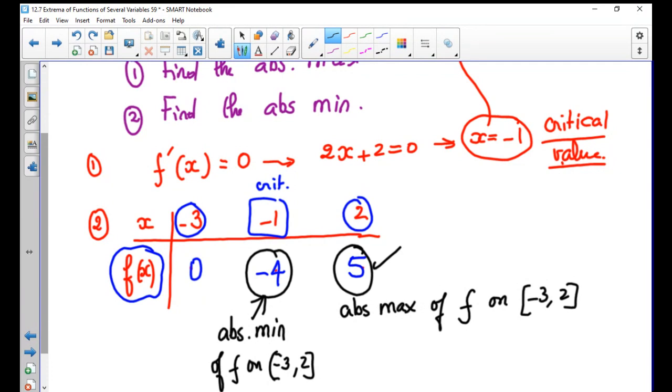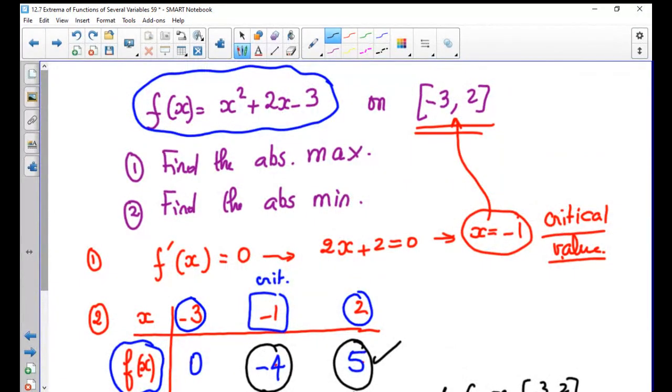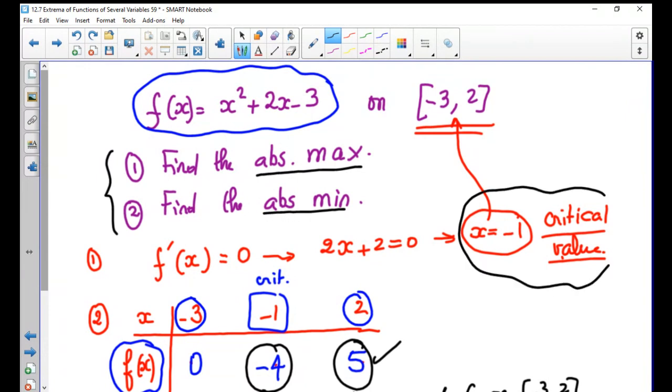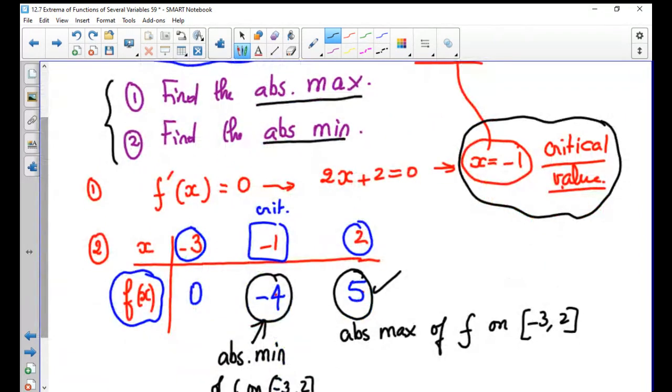So, do you understand a little bit what's happening here with functions of one variable? I'm just doing what you did in Calculus 1. If you want to find the absolute maximum, absolute minimum, first find the critical values of the function in the interval, and then you can make a small table like this. Put the ends of the interval here, -3 to 2.